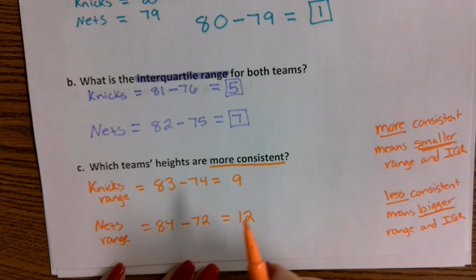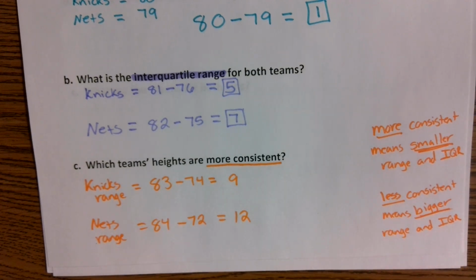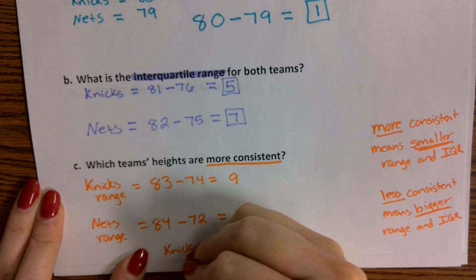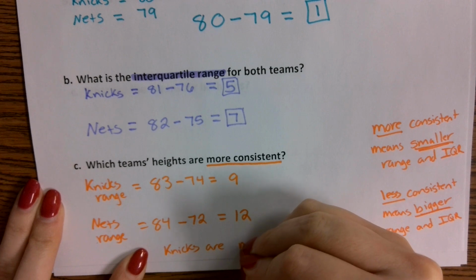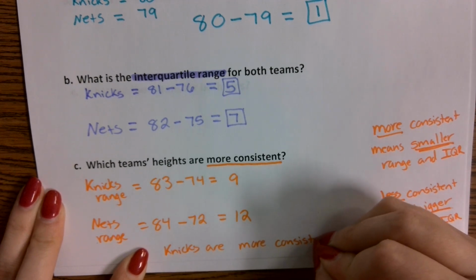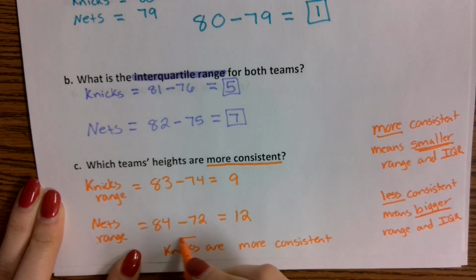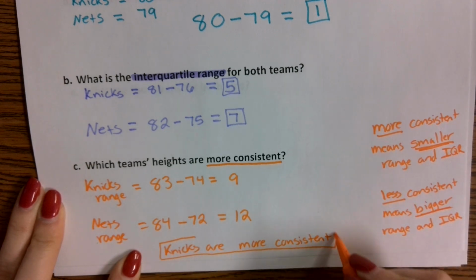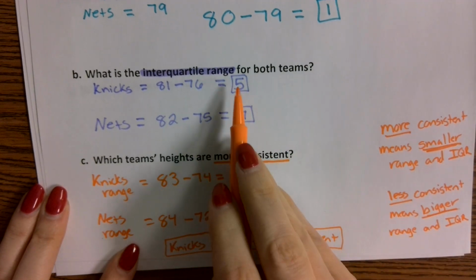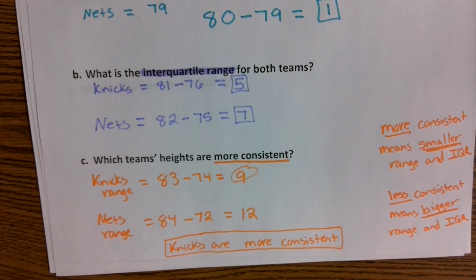So who's more consistent? Who has a smaller range and interquartile range? The Knicks. Okay? Knicks are more consistent. The Knicks are going to be more consistent because they have a smaller range and a smaller interquartile range.